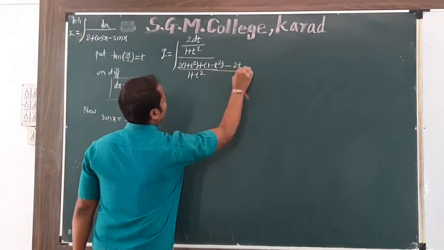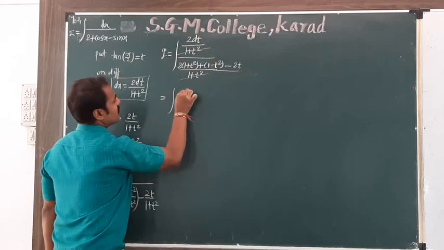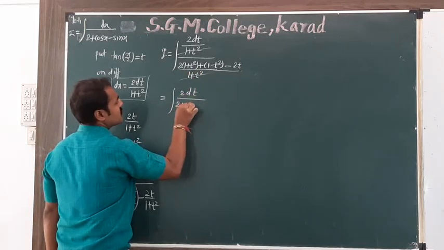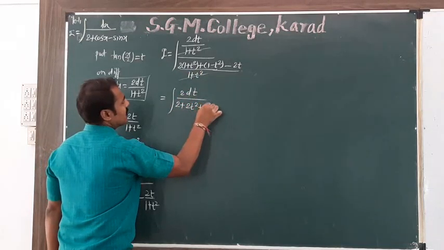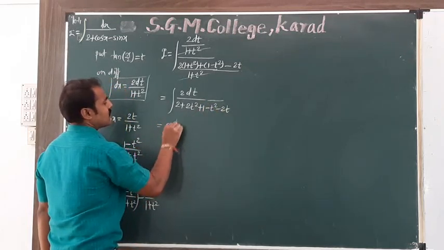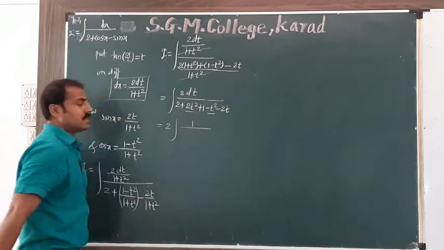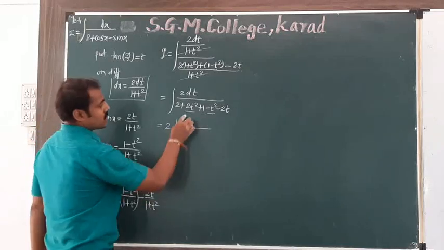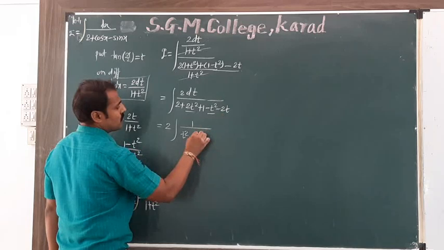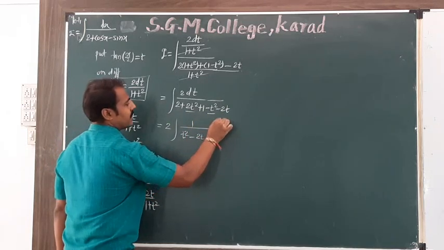The 1 plus t square in both get cancelled. Integration of 2 dt divided by 2 into 1 is 2, 2 into t square is 2t square, plus 1 minus t square minus 2t. 2 is a constant, take it outside the integration. Writing 2t square minus t square, it's t square, minus the variable term 2t, and 2 plus 1 is 3, and writing dt here.